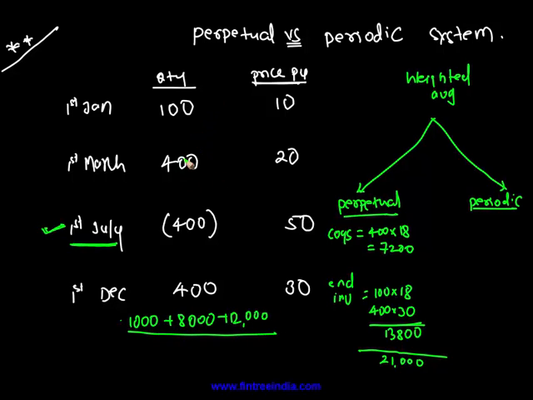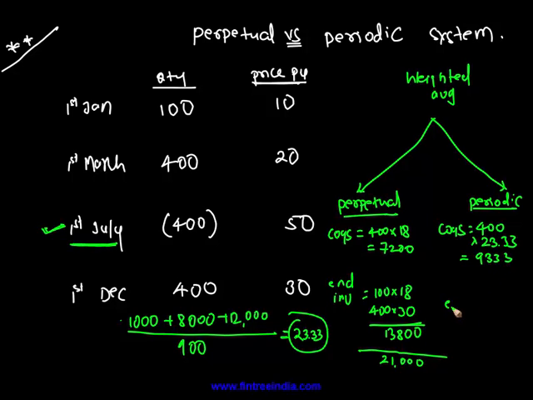And what is the total quantity purchased? Total quantity is 900, and therefore your average price is 23.3. So on an average we have made purchases at 23.3. Then your COGS would be 400 into 23.3. How much?